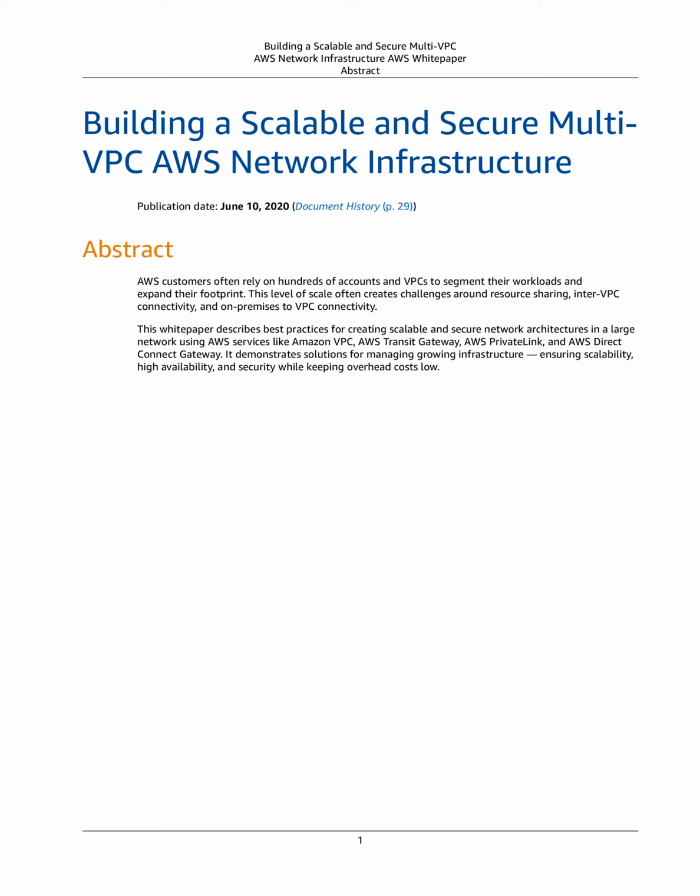This white paper describes best practices for creating scalable and secure network architectures in a large network using AWS services like Amazon VPC, AWS Transit Gateway, AWS PrivateLink, and AWS Direct Connect Gateway. It demonstrates solutions for managing growing infrastructure, ensuring scalability, high availability, and security while keeping overhead costs low.